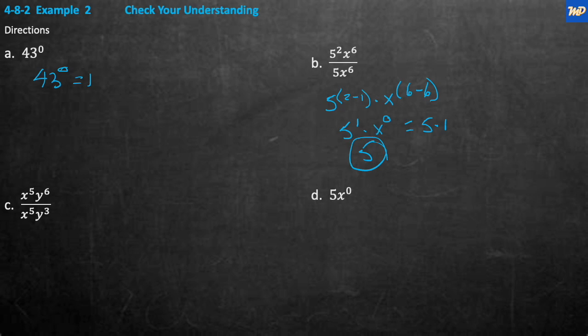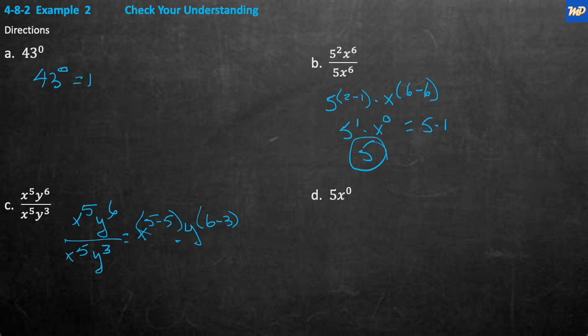How about this one? x to the 5th, y to the 6th divided by x to the 5th, y cubed. Well, we know that we have x to the 5 minus 5 times y to the 6 minus 3.